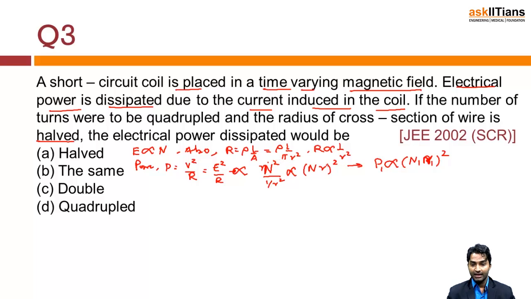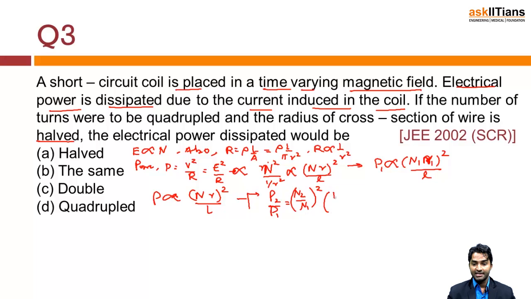So power is directly proportional to number of turns square into the radius square divided by length. Now we will draft this for two conditions: power P2 by power P1 is equal to N2 by N1 whole square, radius relation R2 by R1 whole square, and the relation of length L1 upon L2, and this is equation number 1.